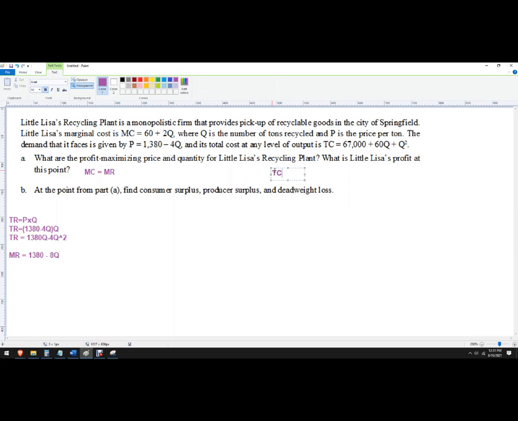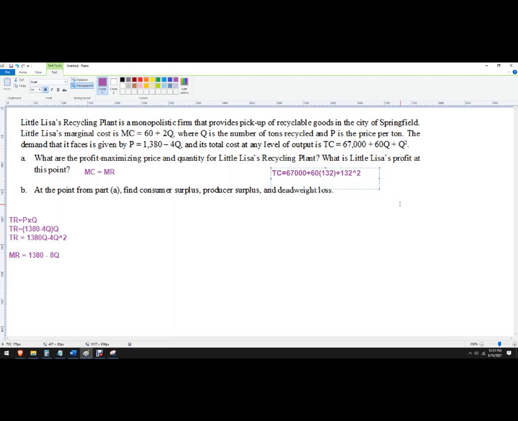So total cost equals 67,000 plus 60 times 132 plus 132 squared.